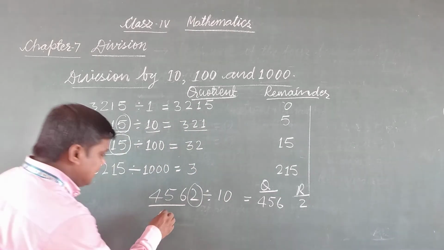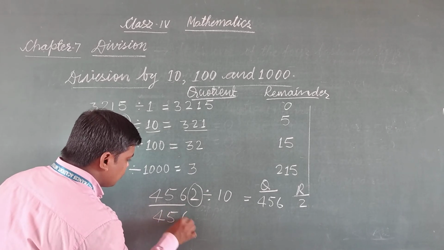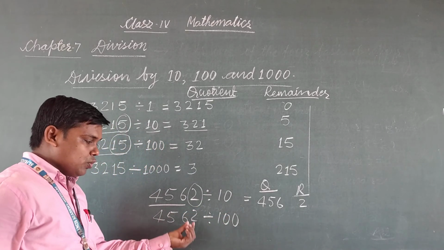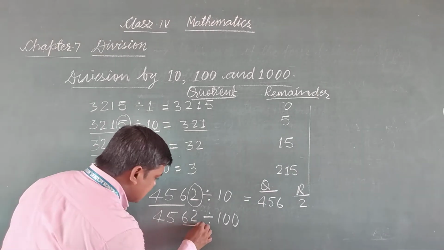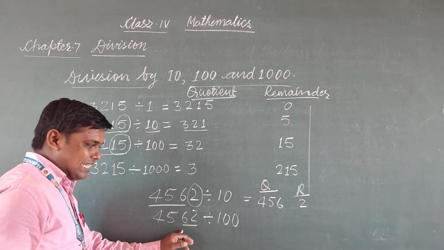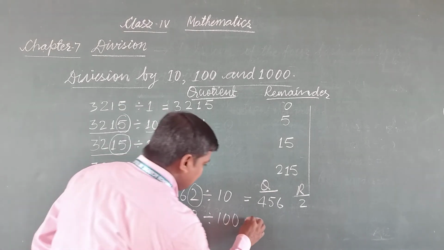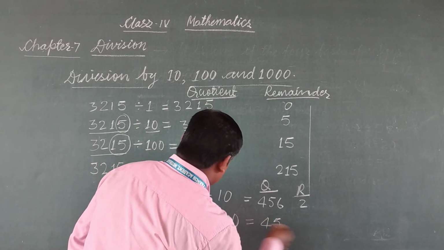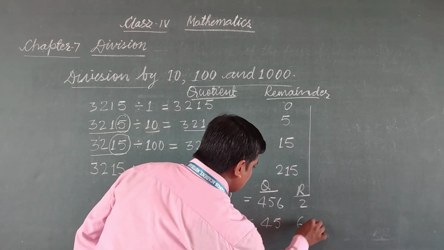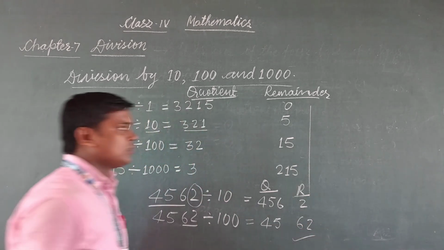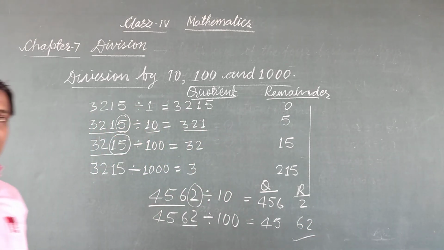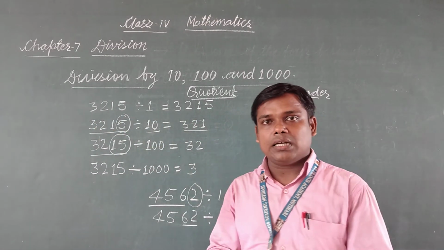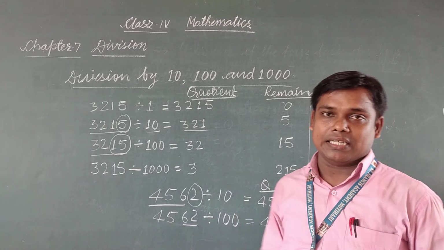If we have to divide 4562 by 100, then we leave 2 digits, ones and tens. Then our quotient will be 45 and remainder will be 62, and so on. So like this you have to write your quotient and remainder without actual division.